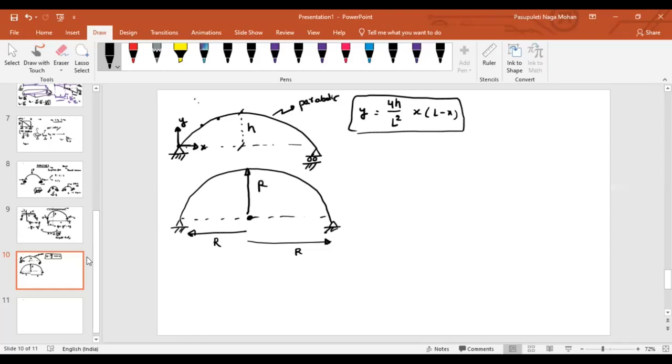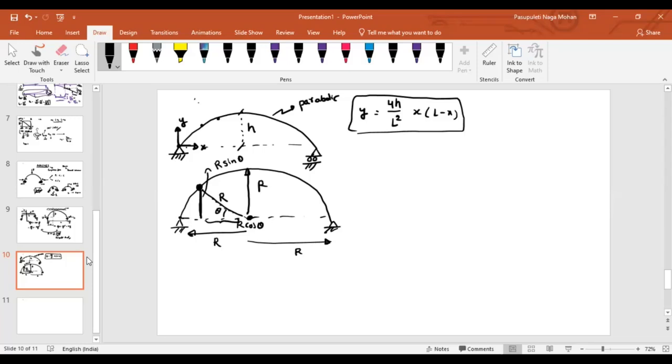Now, how can I find out the coordinates of any point? This can be found out by using the angle. If this angle is theta, can you tell me what about this magnitude? From here to here, we know it is R. This magnitude is R sin theta, and this magnitude is R cos theta.